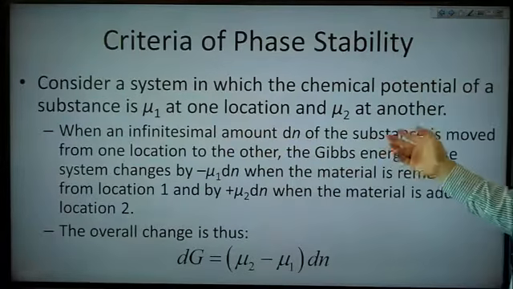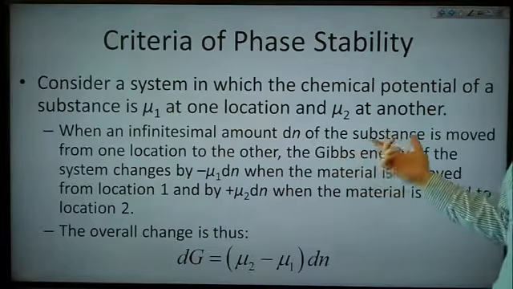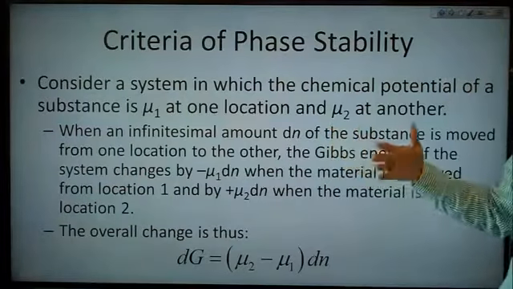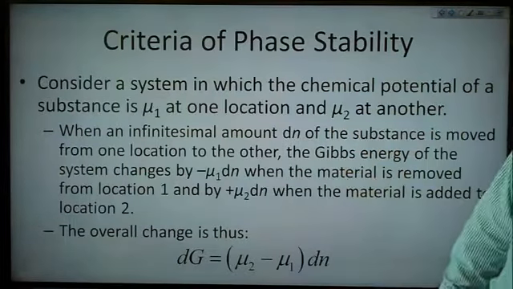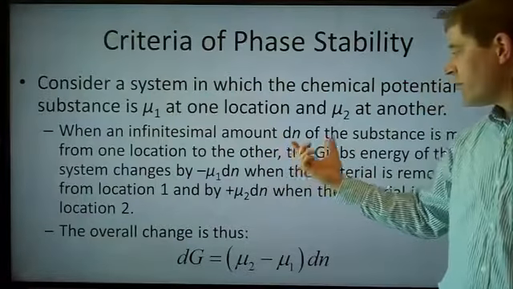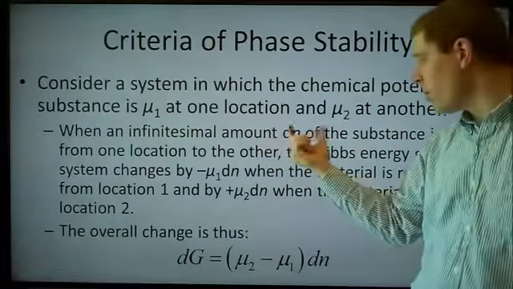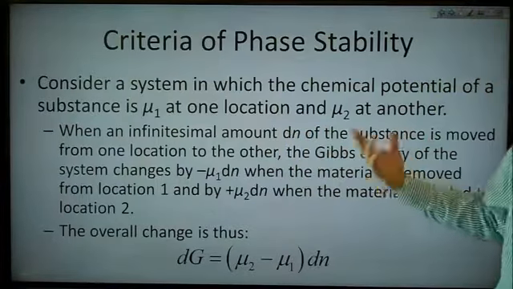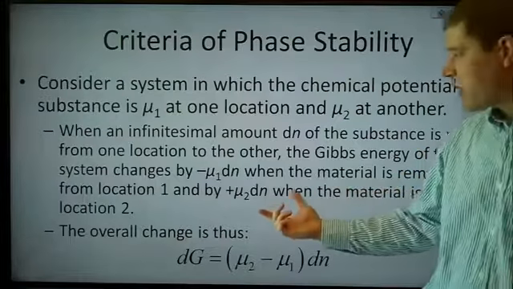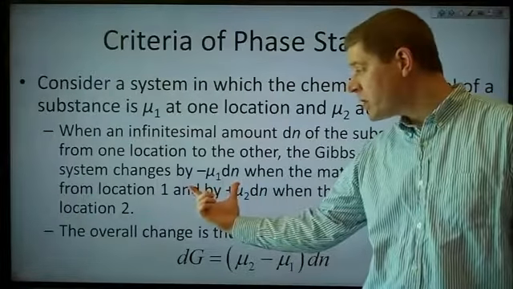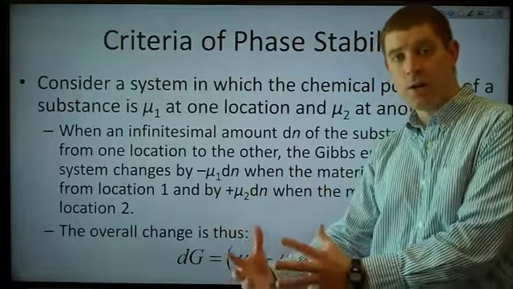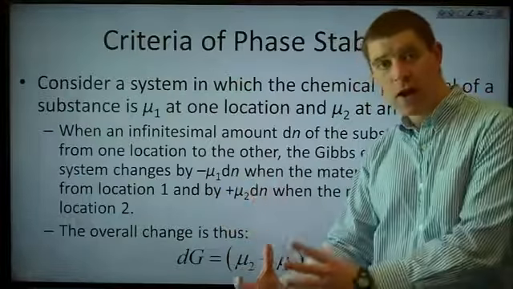So let's consider a system in which the chemical potential of a substance is mu1 at one location and mu2 at a second location. When an infinitesimal amount dn, an infinitesimally small number of moles of the substance, is moved from location 1 to location 2, the Gibbs energy of the system changes by minus mu1 dn, because we're removing the chemical potential from this number of moles at location 1.